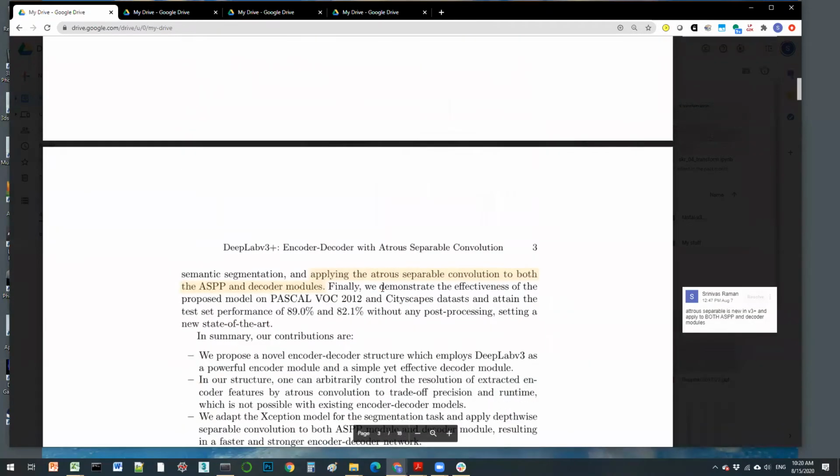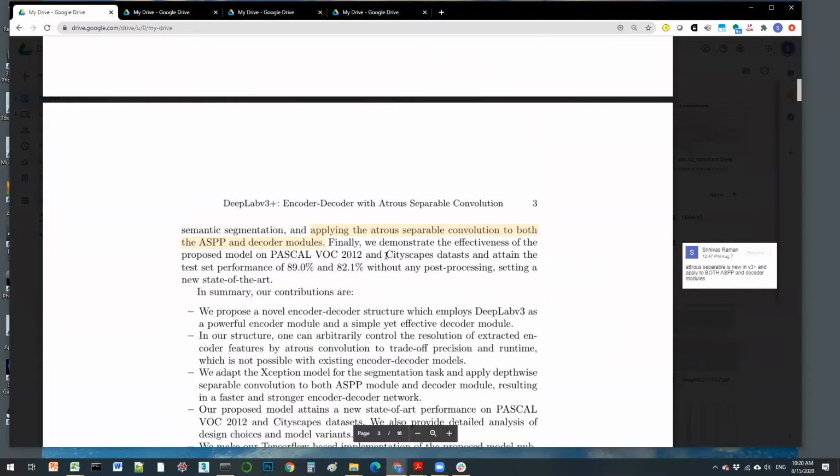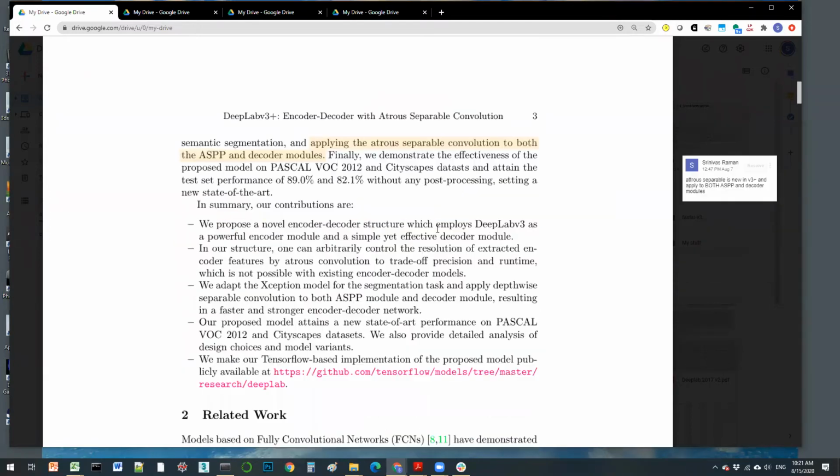I think they look at it in more detail coming up. Then they combine the Atrous concept with the separable concept. The Atrous we have already seen is just the dilation, where you use wider receptive fields, and they also use different rates, meaning you go over larger portions of the image, thereby enhancing your receptive field. But then they also do this separable part, and we'll get to that.